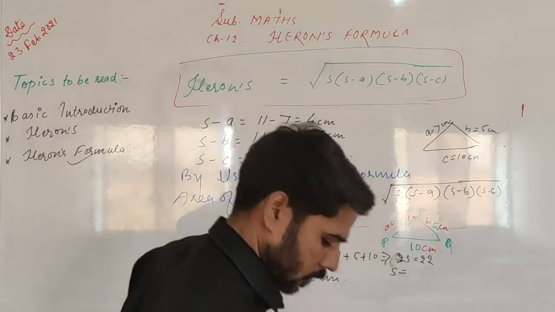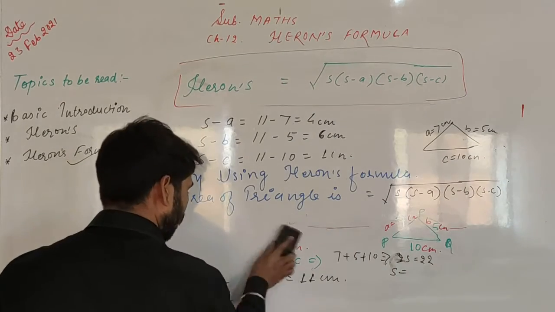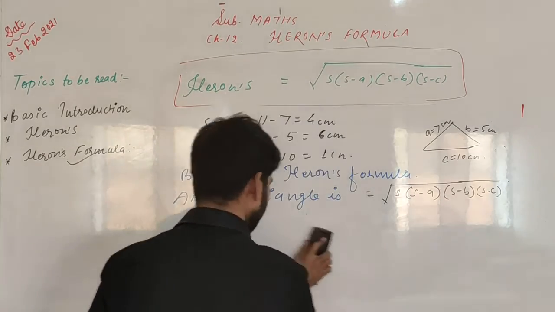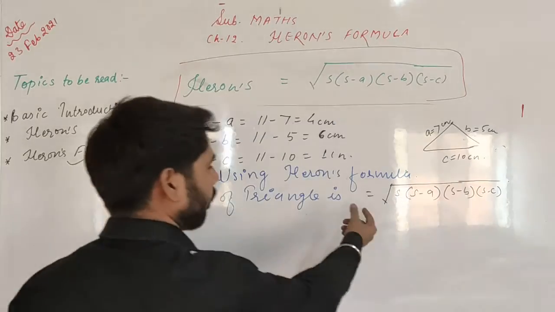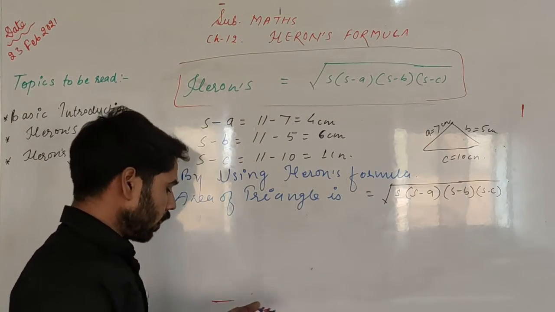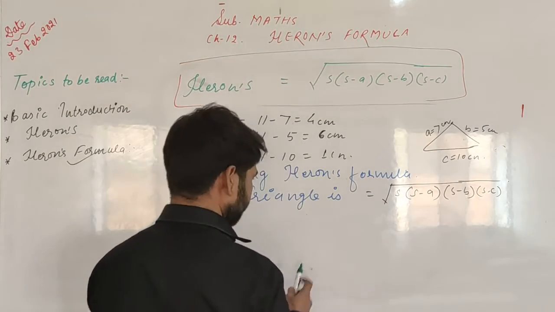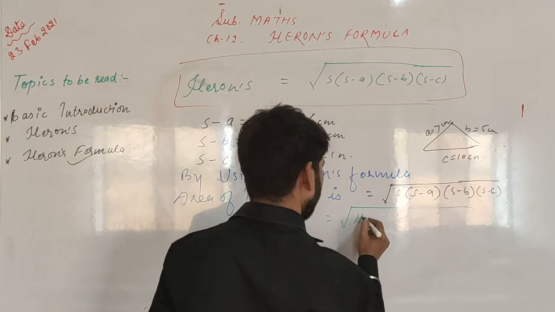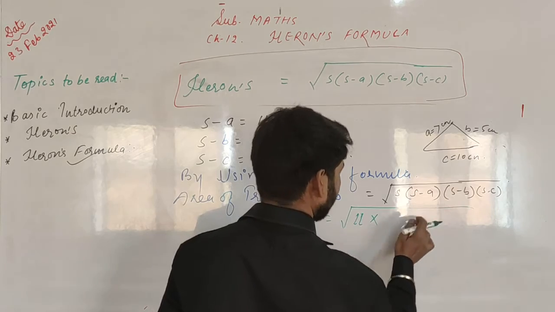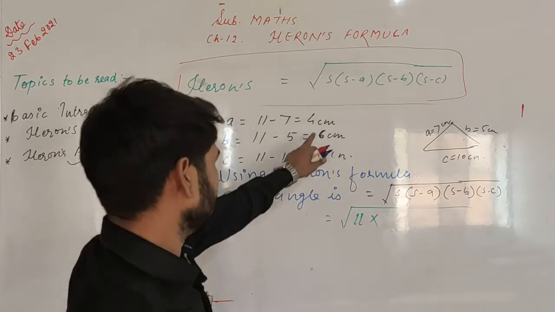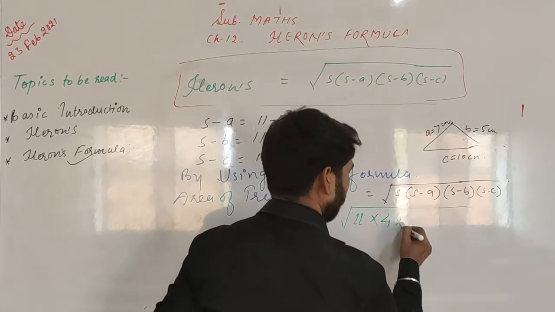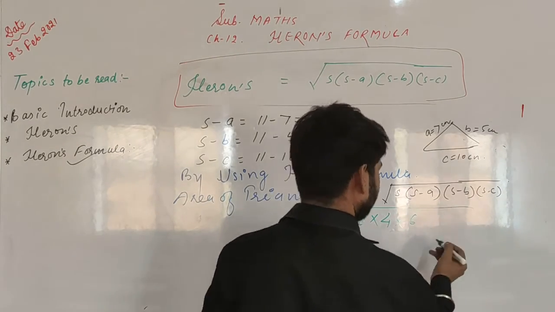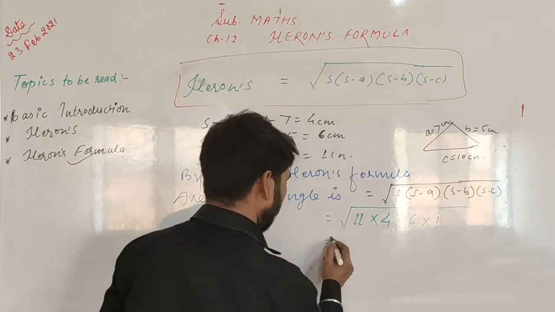Now we can put the values of the respective variables, S, A, B and C, in the formula. Here you can write the value of S is 11, multiplied by the value of S minus A, that is 4, S minus B, that is 6, and S minus C, that is 1. Multiply all these.